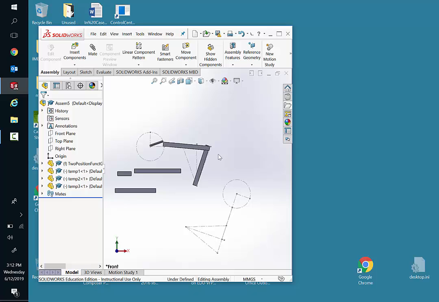So this is a crank rocker. It's a crank because the left side can go all the way around, where the right side can only rock back and forth. And we learned about this typically at roughly the end of the first week of the semester or into the second week.